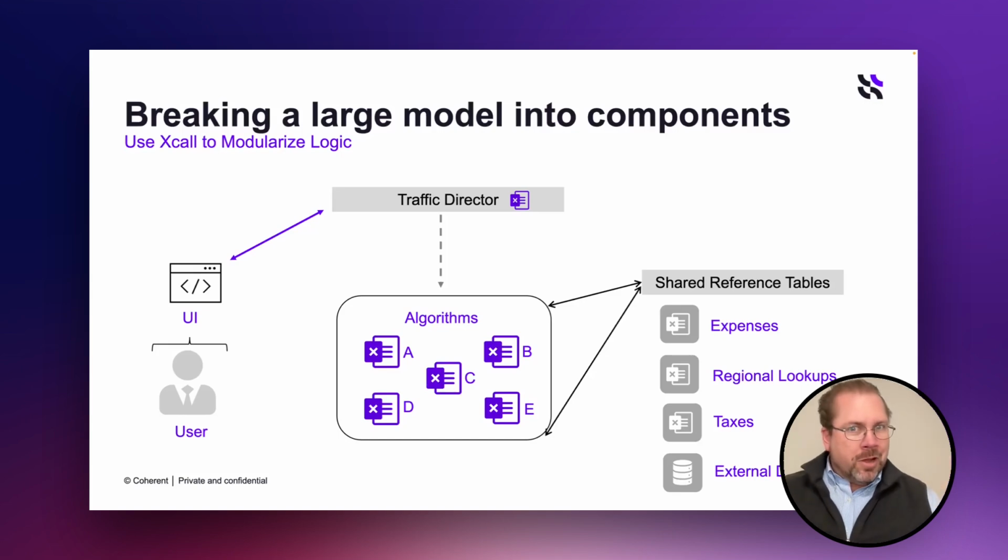And it'll call algorithm D, and algorithm D will start processing and start doing its calculation. And then algorithm D in turn will say, oh, I've got an Xcall configured in here that says I need to call out to the expenses model, or I need to call out to the taxes model and calculate something there. So at this point, we've got 2 Xcalls, one between the traffic director and algorithm D, and one between algorithm D and all these other shared models, one of which, by the way, can actually be an external data source, which we'll cover in other videos.